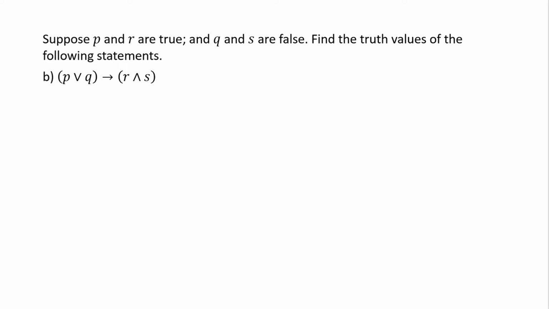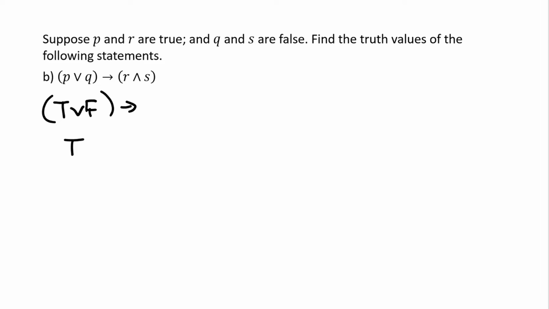Let's continue. Part B. P or Q implies R and S. So let's assign truth values to each of the statements. P is assigned the truth value of true, so we have true or, and Q is assigned the truth value of false. So true or false, that's a true statement.